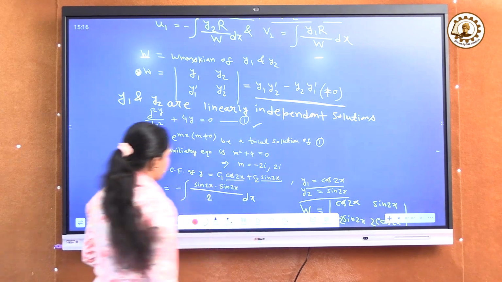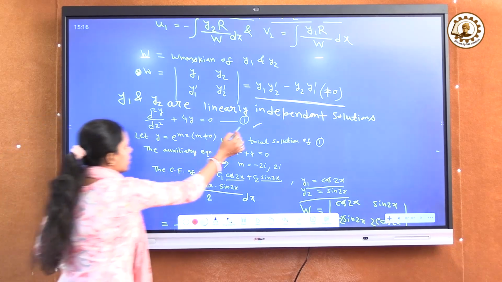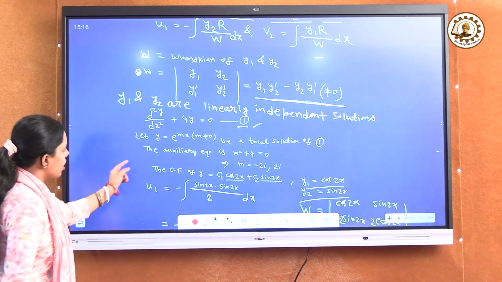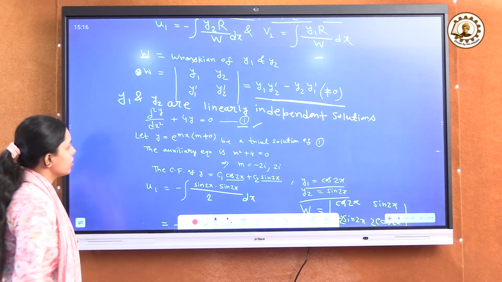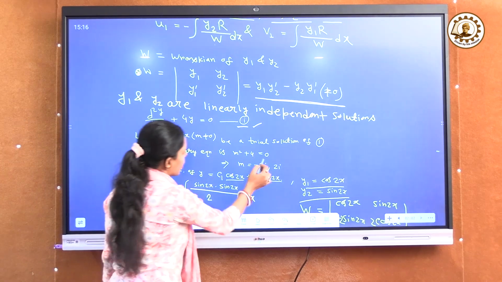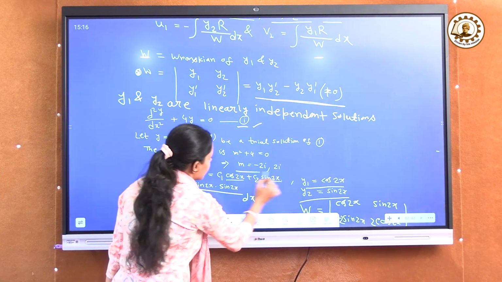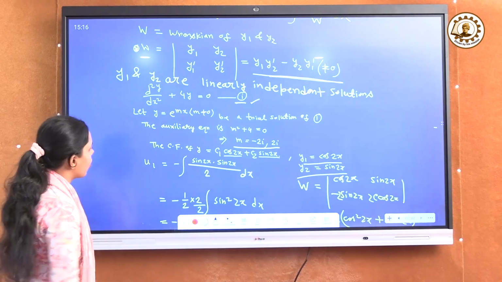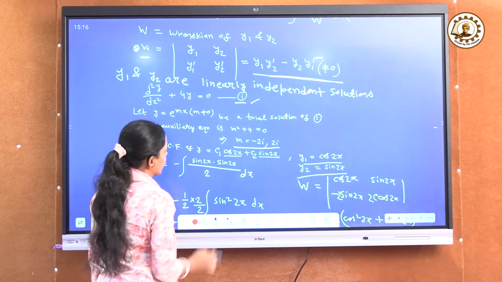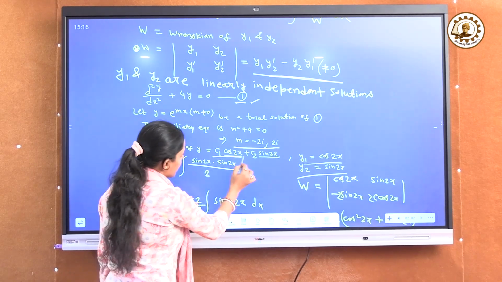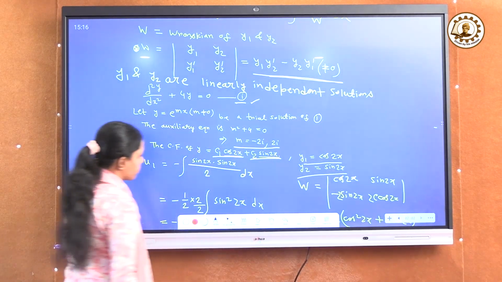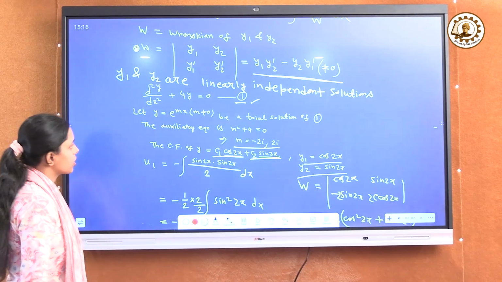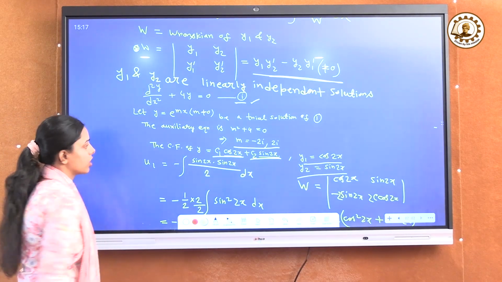The auxiliary equation is m squared + 4 = 0, so we get m = ±2i. The complementary function is y = c1 cos 2x + c2 sin 2x.